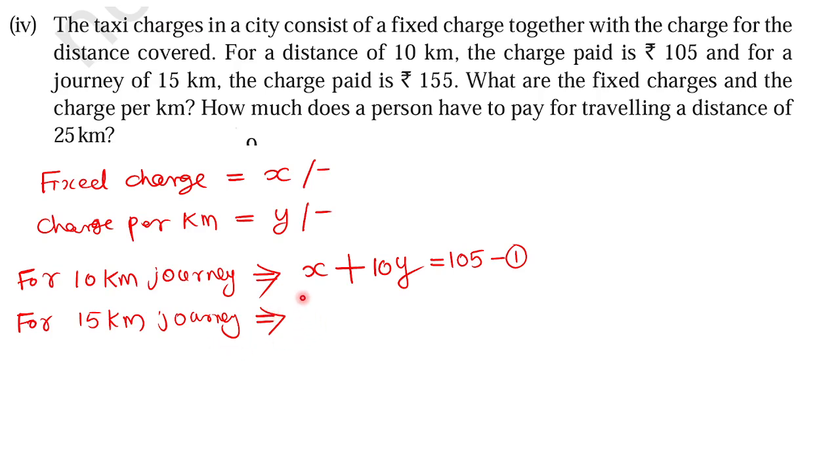The fixed amount will always be there, plus for 1 kilometer the taxi charge is y rupees, so for 15 kilometers, 15 times y. And that is equal to what? The price is 155. That is equation number 2.